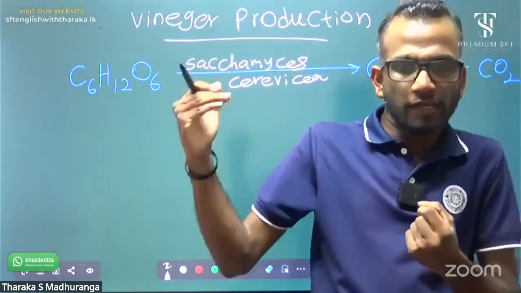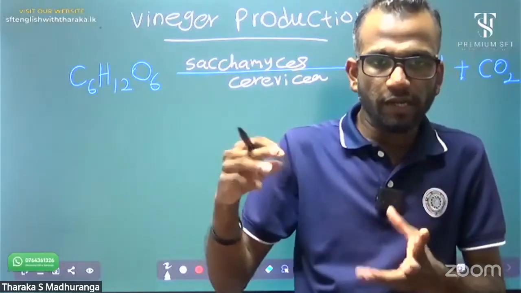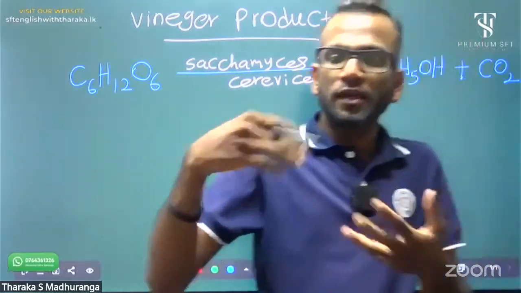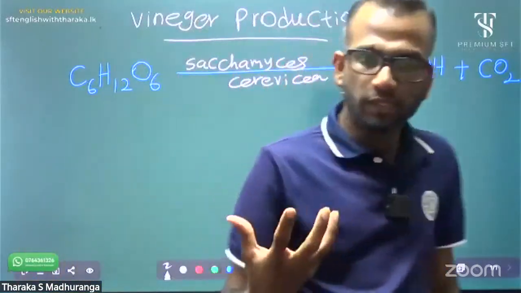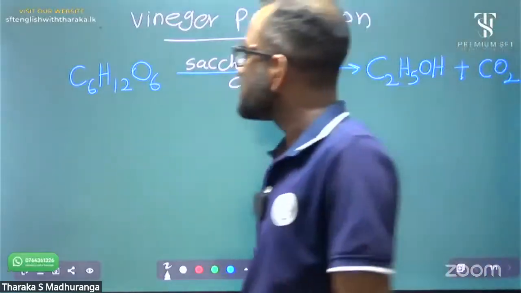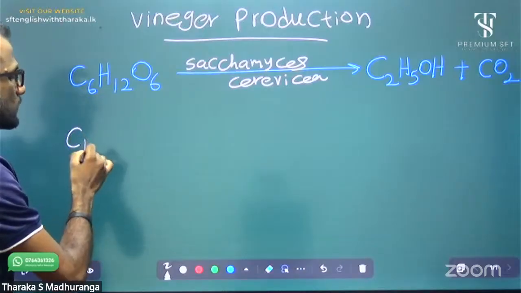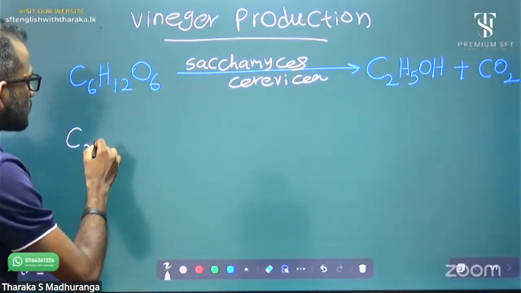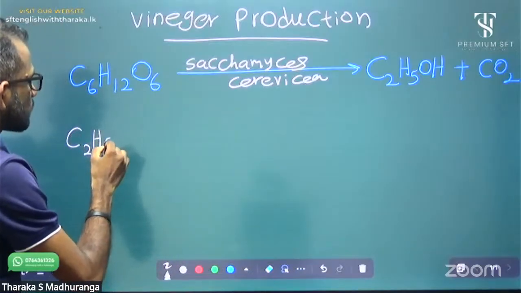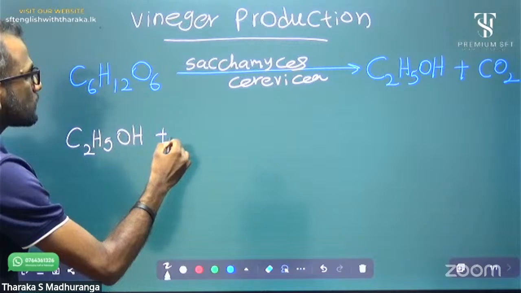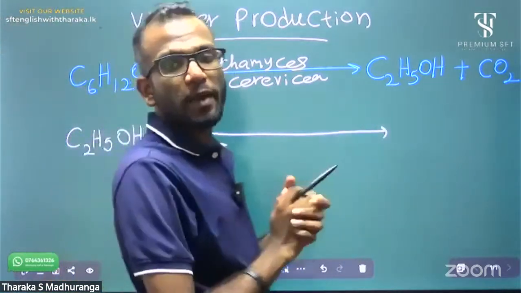Then as carbon dioxide is released, the ethanol dissolves in the water of the glucose solution. This diluted ethanol solution is the product we call 2D, raw 2D. This 2D, C2H5OH mixture, if it is oxidized with oxygen by Acetobacter bacteria.